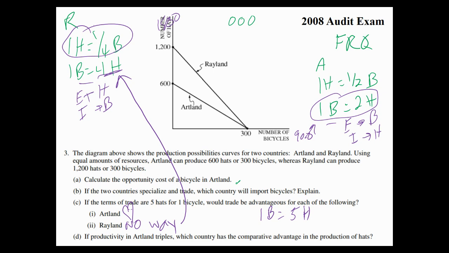His ratio would stay the same, and they would still follow the same trade. Artland would still specialize in bicycles, and Raylan would still specialize in hats, because the comparative advantage doesn't change if you just triple the numbers. Okay. Whew, that one was a lot.